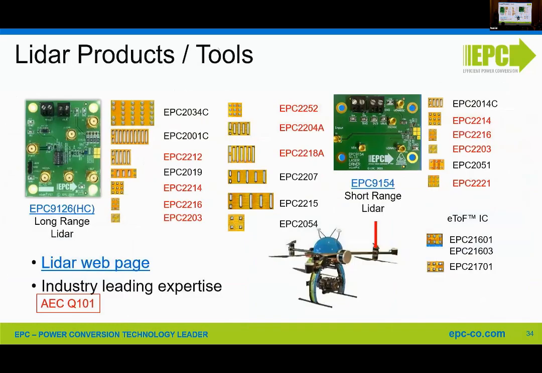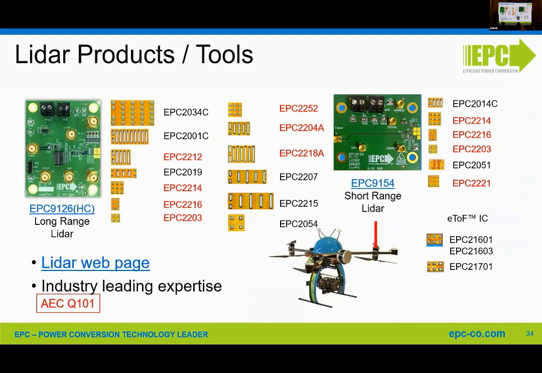So looking at them a little bit differently, we do have products and tools. We have 9126 and a high current version. And then we also have a higher power version, 9150. And these utilize the devices shown. The red devices are all our AEC Q101 qualified parts.